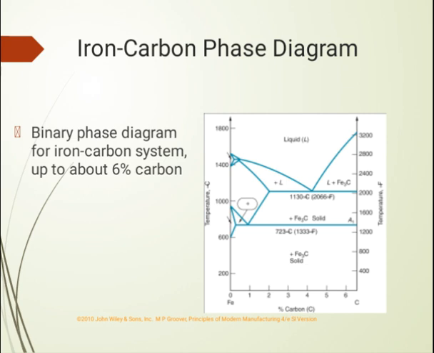The iron carbon phase diagram is a very good example for the iron content, Fe. We add from 0% to 6% of carbon content in the iron carbon phases, and we get different types of results.